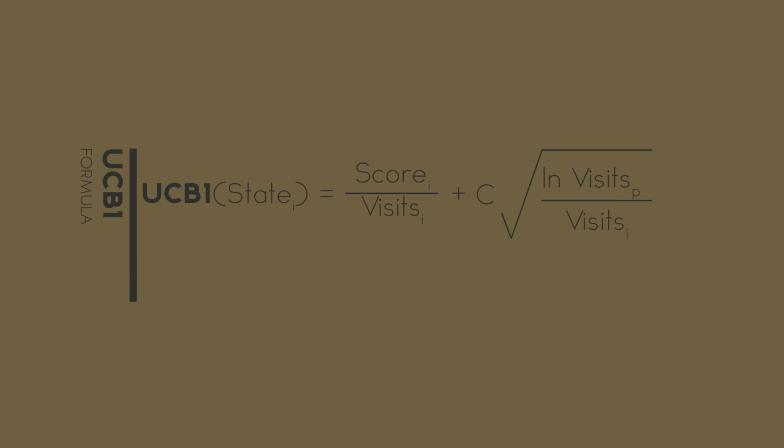That's all square rooted and multiplied by some constant. Now the constant here is what we use to balance the exploitation term and the exploration term. So that natural log divided by the visits of the node, all square rooted, times some constant, plus the average value of the node. That is the formula for the UCB1 value that needs to be used during tree traversal phase.